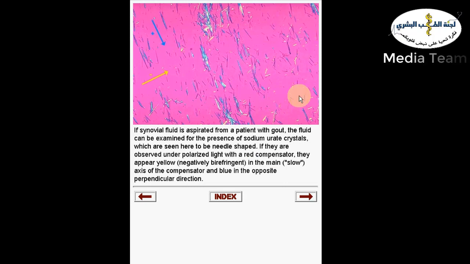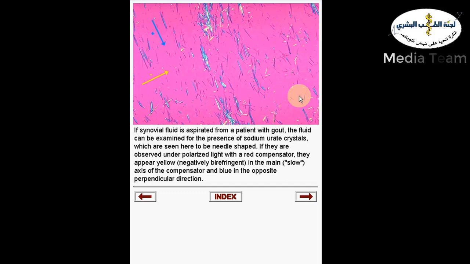Now, if you suspect gout, for example, if the patient comes to your clinic and you suspect that this is gout, you may do fine needle aspiration from the synovial fluid and send it to pathology. And in pathology, they will examine it under polarized microscopy. Now, this is a picture from polarized microscopy, not a normal microscope.